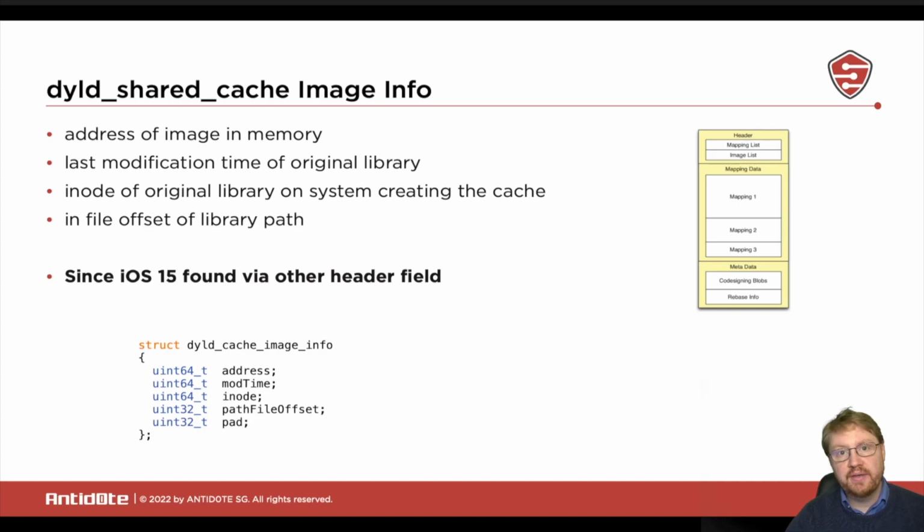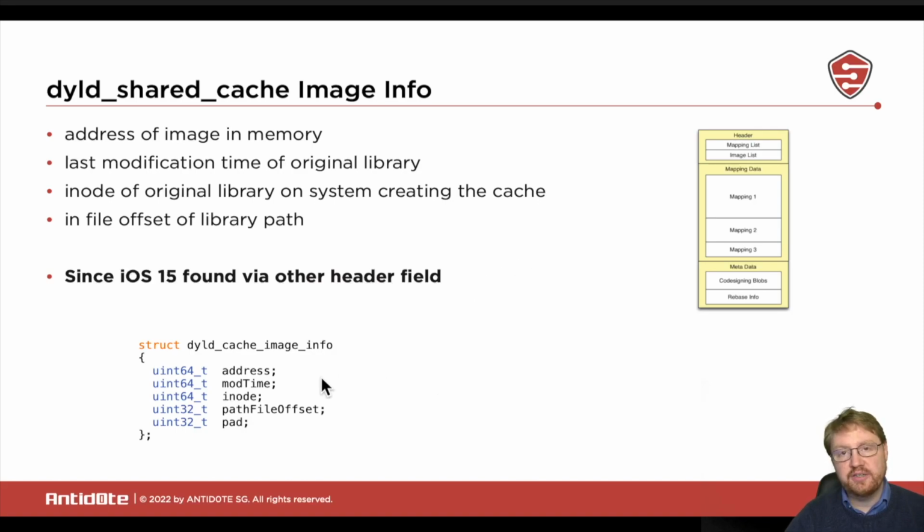So we also had a definition of the images inside the file. Originally there was a reference from the beginning of the file. Since iOS 15 there's a secondary pointer to the images at the end of the header.